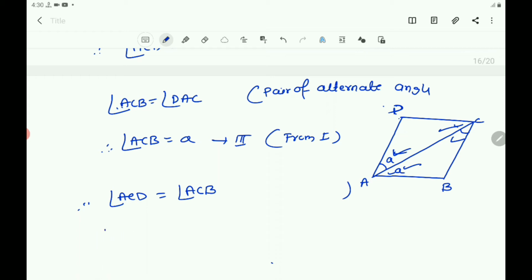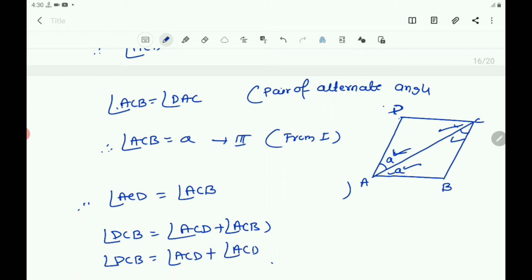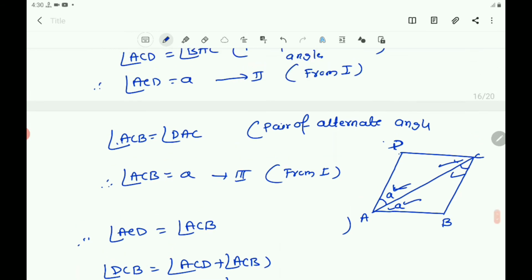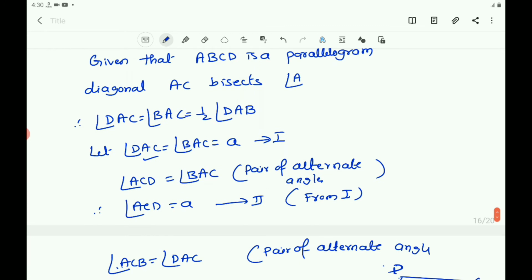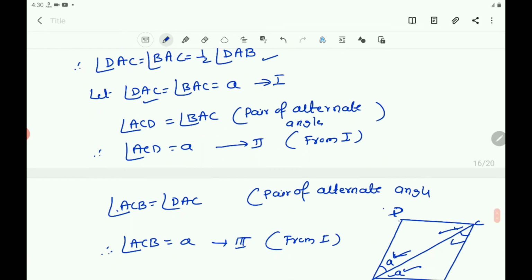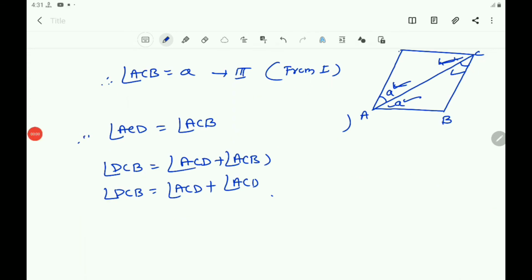Angle DCB is the sum of angle ACD and ACB. As both are equal, take ACD plus angle ACD. Here it is given that DAC and BAC are half of DAB. So here we proved ACD and ACB are equal.